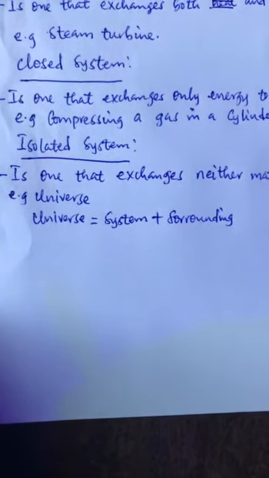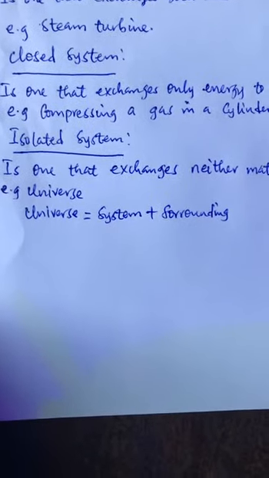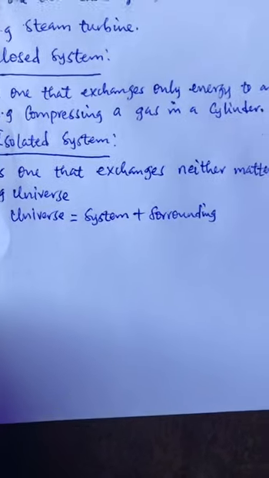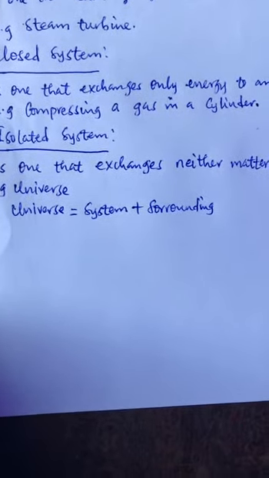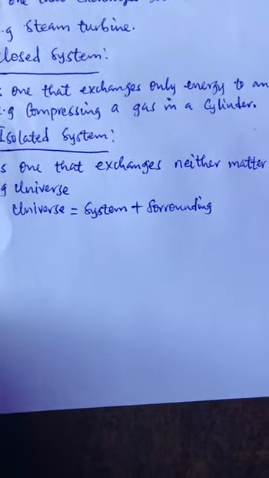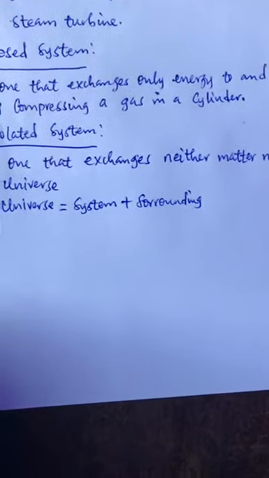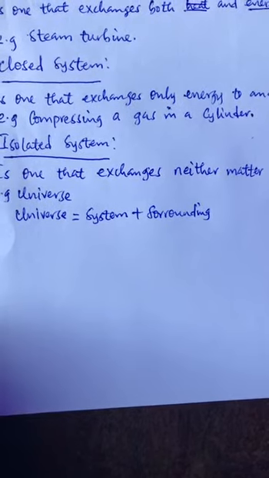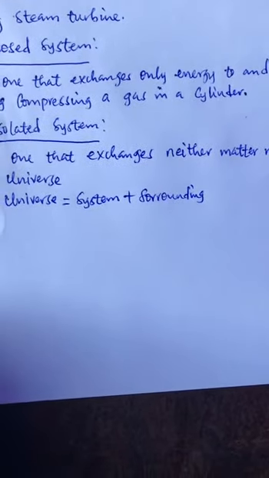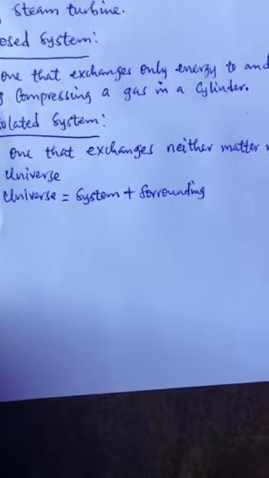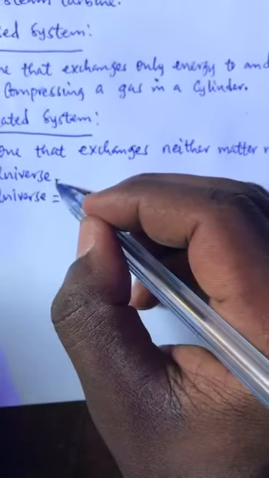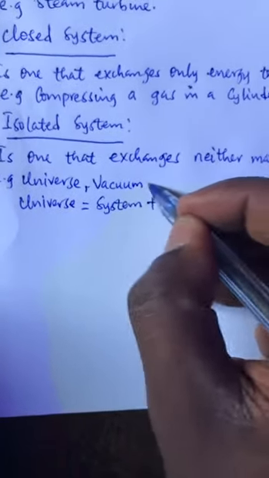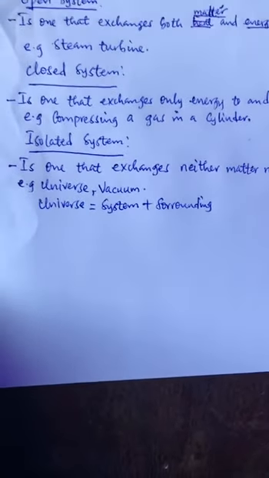Now, the way you can think of a universe is, for example, a vacuum. A vacuum does not contain air or energy. So another example can be a vacuum, which is another example of an isolated system.